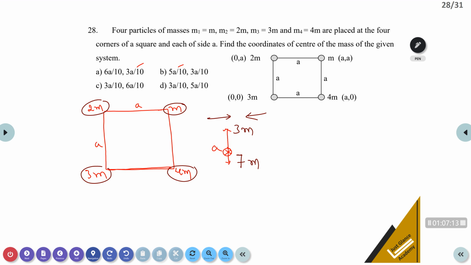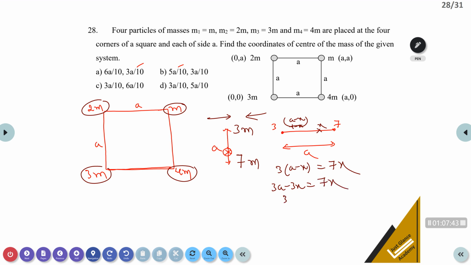Or else I will assume this is 3M and this is 7M. The whole distance is A. Here I will consider this is X, and this will be A minus X, and we know that 3 into (A minus X) equals 7 into X. Simplified, 3A minus 3X equals 7X.